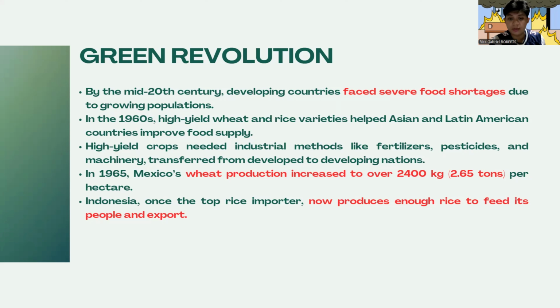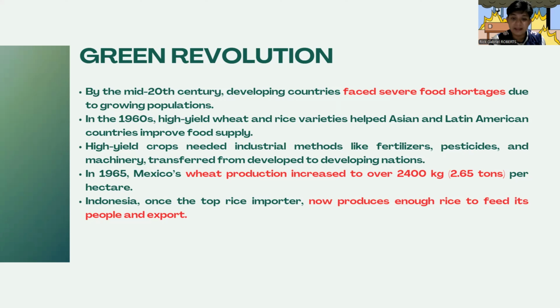Indonesia used to be the largest importer of rice. So what we mean by importer, they had to buy rice from other countries. They needed to import. So Indonesia used to be the largest importer, but after using HYR, high yield rice, and better farming methods, Indonesia now grows enough rice for its people.